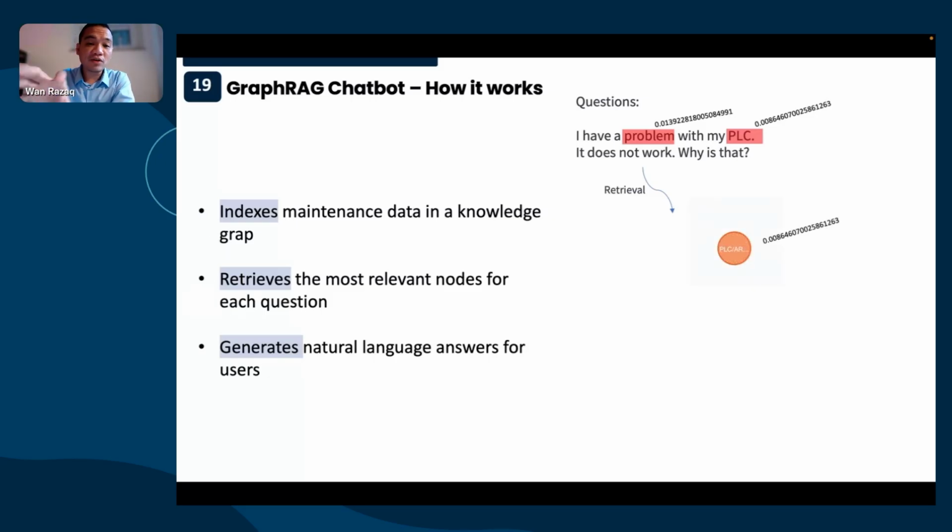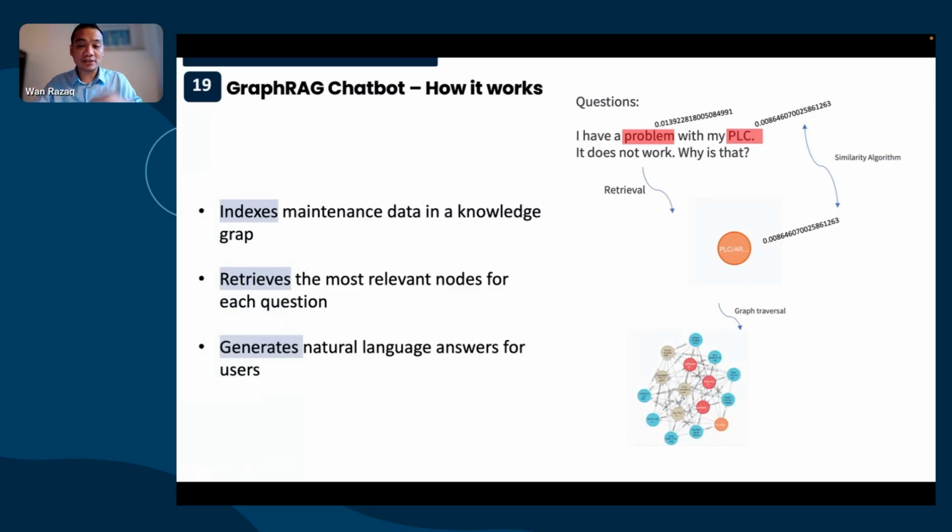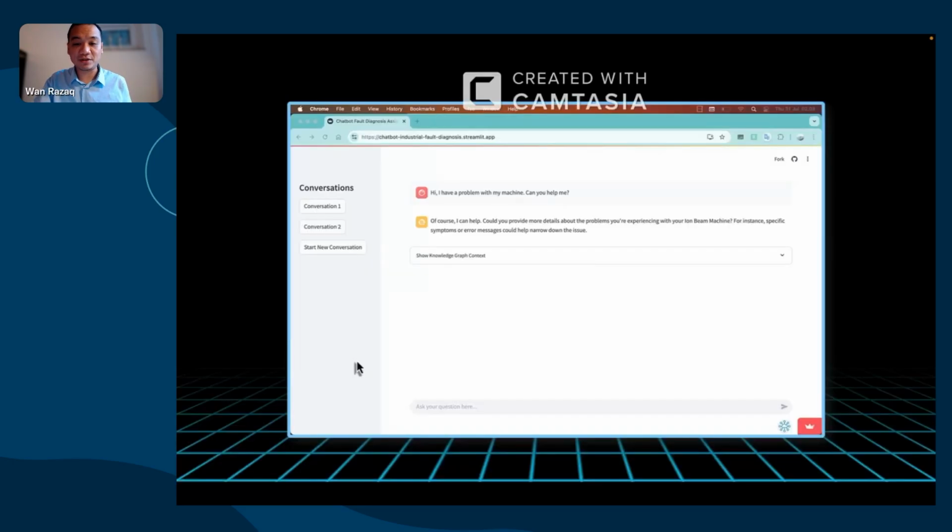We retrieve the main components of the fault, which is a PLC, with this vector, using a similarity algorithm. And then we also traverse the surroundings of the nodes that we retrieved, so it gives more context: what are the causes? What are the measures? And then that context we combine with an LLM to generate answers. So that's how it works.